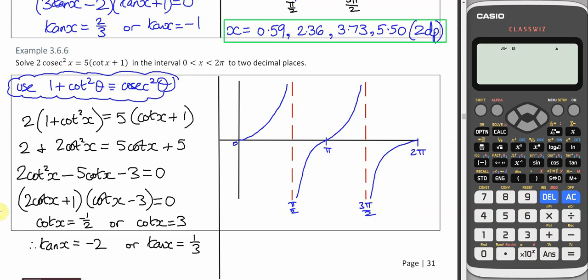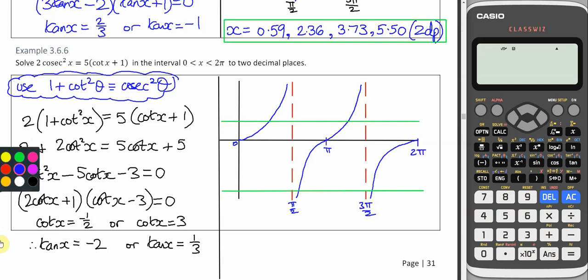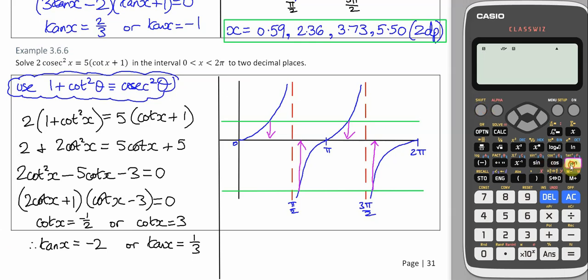So you want to know, where does this graph equal -2? There'll be a couple of solutions there. And where does it equal a third? There'll be 2 more solutions there. So it's going to be 1, 2, 3, 4 solutions.